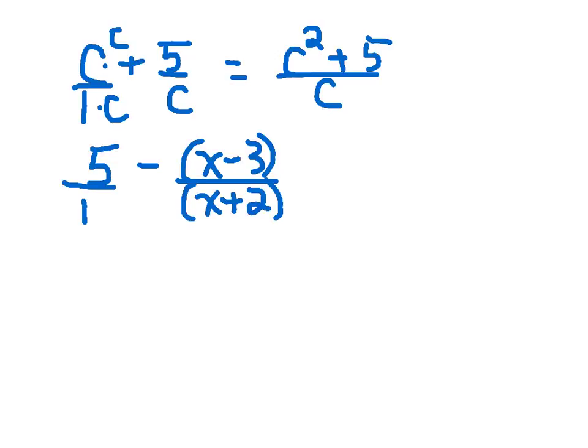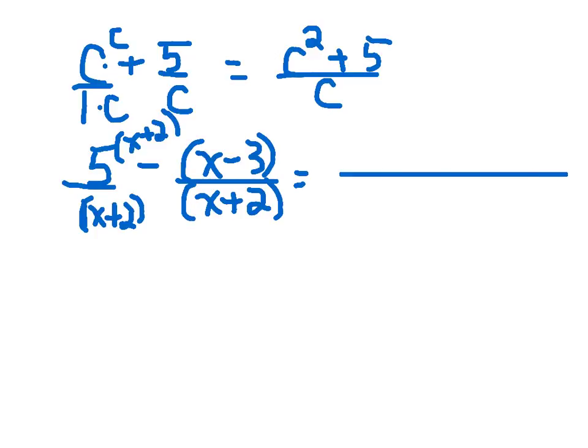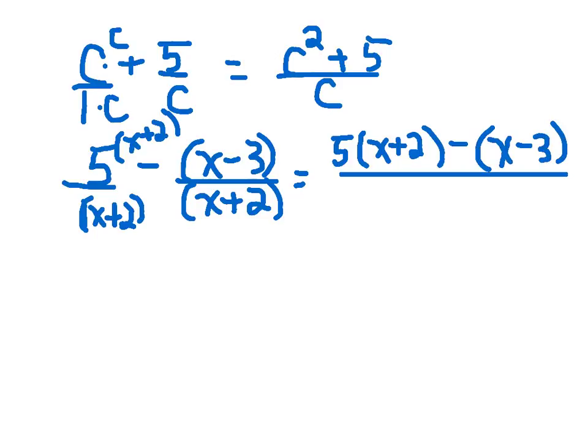I want to make this have a denominator of 1. Clearly, it's missing x plus 2, and I have to, in the space I have, do that. So I'm going to draw my big fraction bar, and I'm going to say this is 5 times x plus 2 minus, and remember, when I'm doing subtraction, it's very important to include parentheses, minus x minus 3 over the denominator of x plus 2.